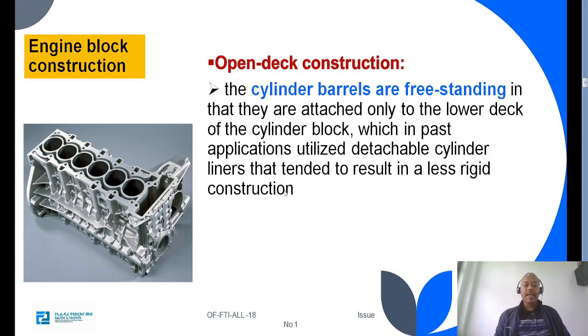So the cylinder barrels are freestanding, and they are attached only to the lower deck of the cylinder, which in past applications utilized detachable cylinder liners that tend to result in a less rigid construction.